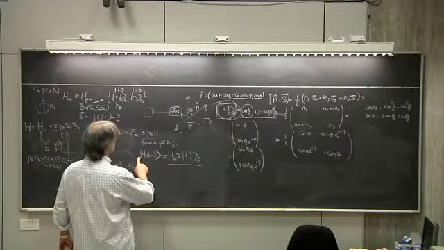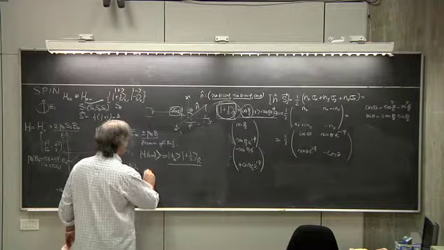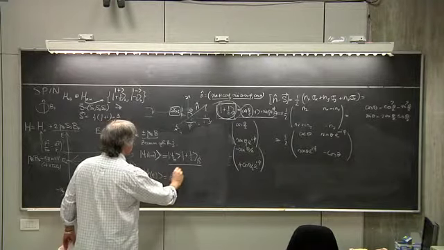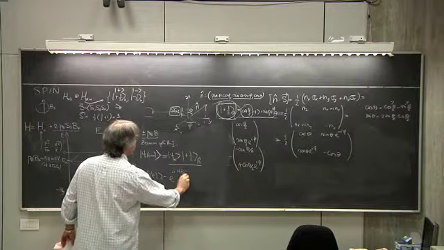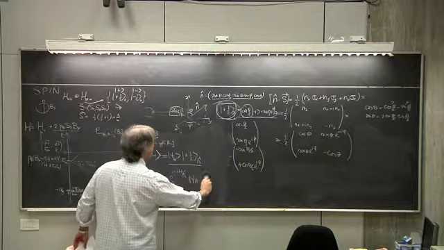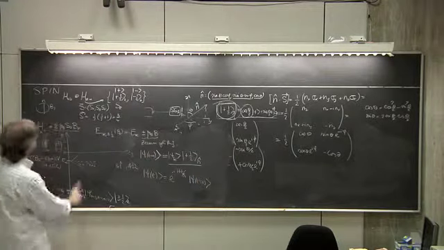What I have to do is to apply the evolution operator. So psi at time t will be e to the minus i, the Hamiltonian, over h bar, times psi at time t equals 0. The field is constant in time.